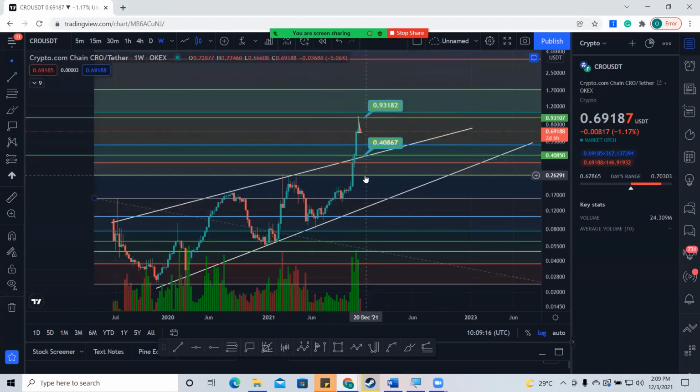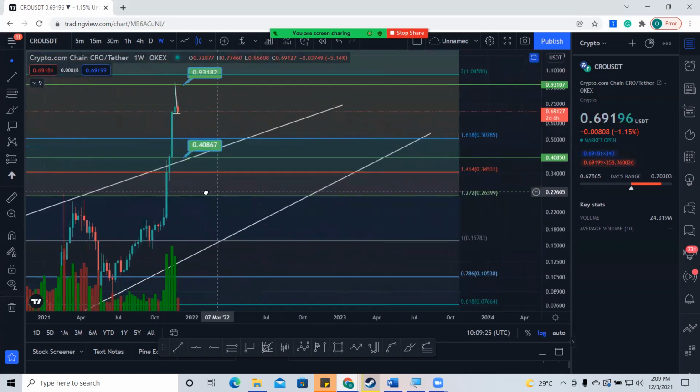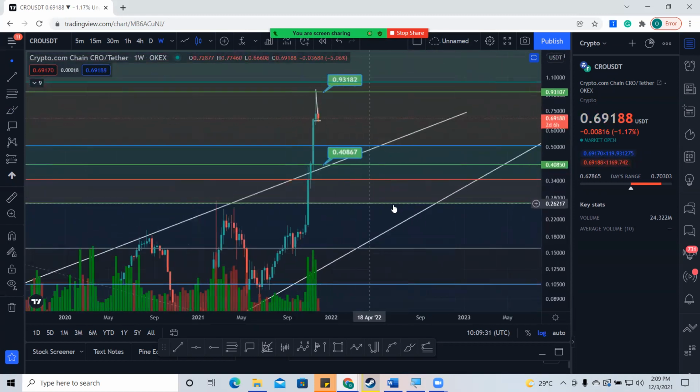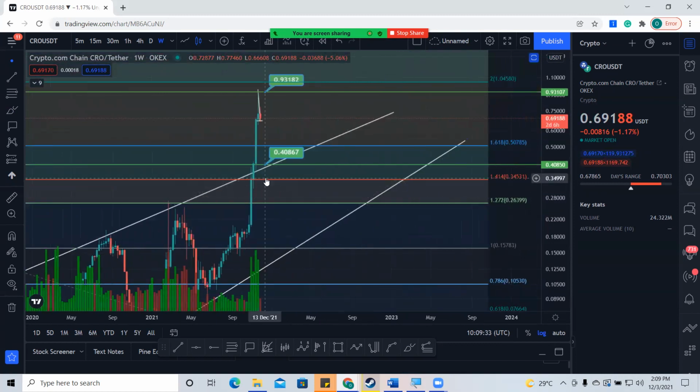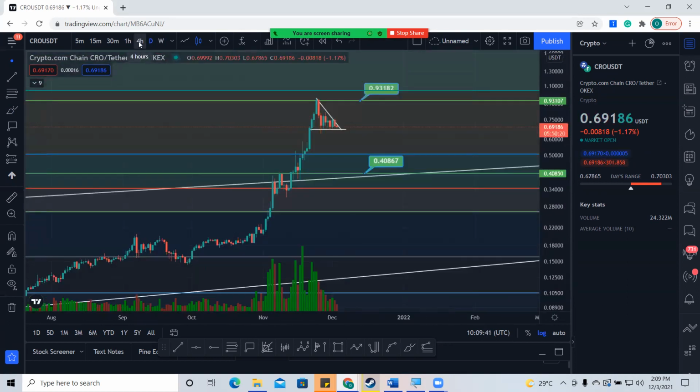Then whenever it got a breakout, it tested this level as well. You can see where this resistance is, and it got out from this area, the 1.414, the red line, then retested, and then broke out. Now let's move into the 4-hourly.